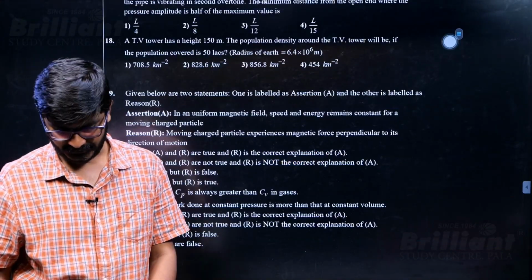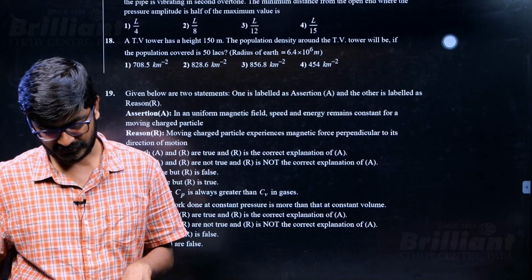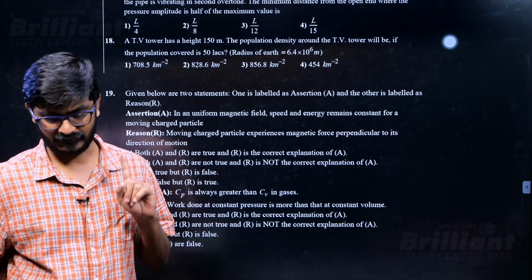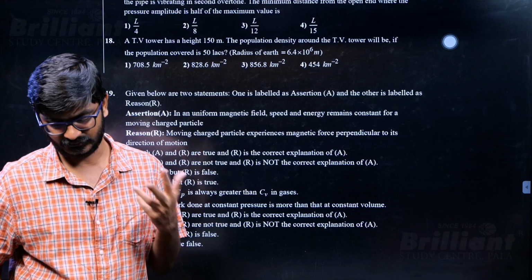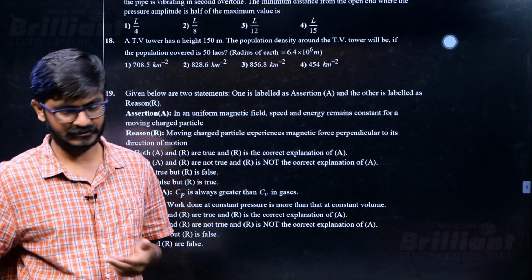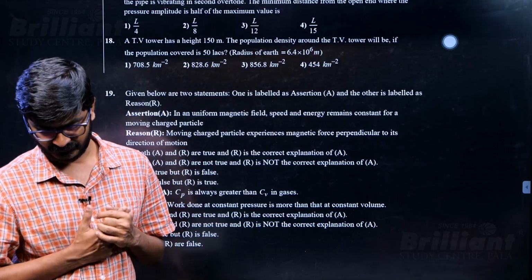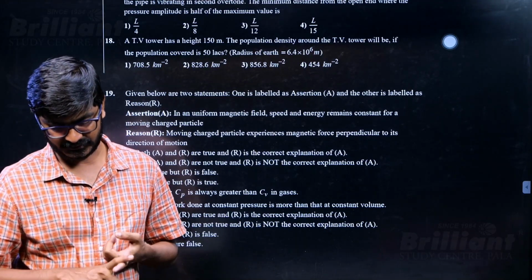Right? Okay. Statement A: in a uniform magnetic field, speed and energy remain constant for a moving charged particle. Yes, because work done by the magnetic field is always 0, so energy won't be changing. If kinetic energy is not changing, then speed also won't be changing. But velocity can change, direction can change. Moving charged particle experiences magnetic force perpendicular to its direction of motion.